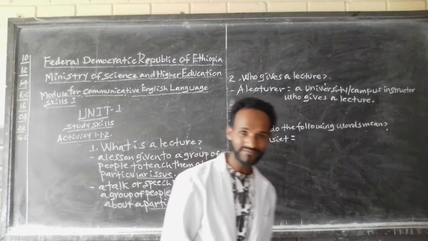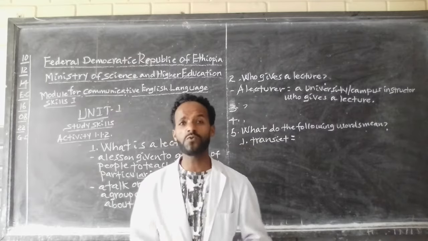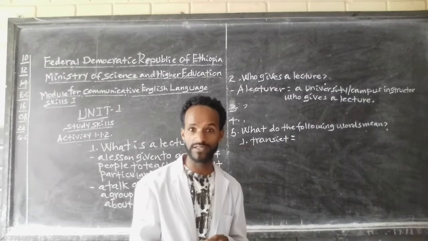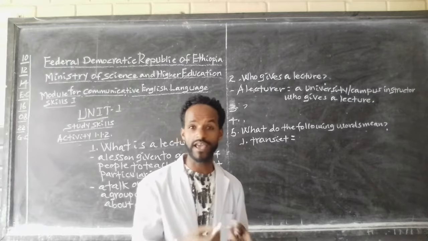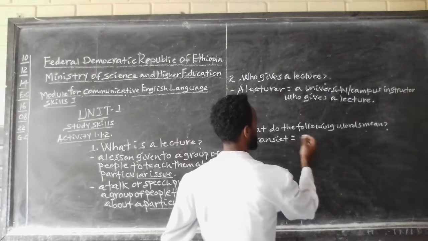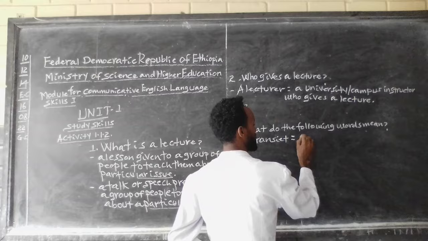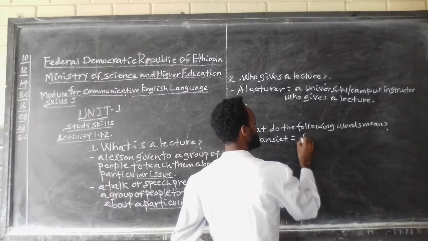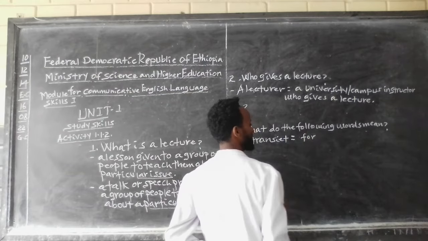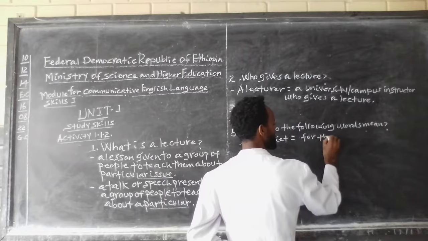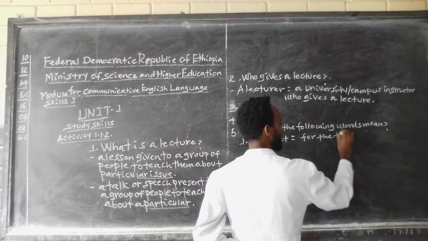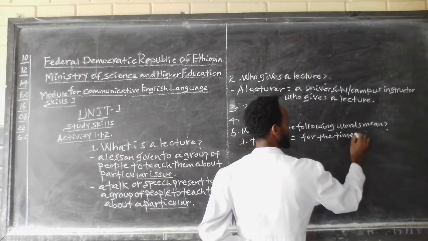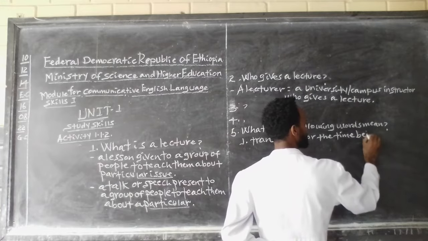Good class. Transient can be defined in various ways. The first one is, we can say, for the time being. Transient means for the time being.